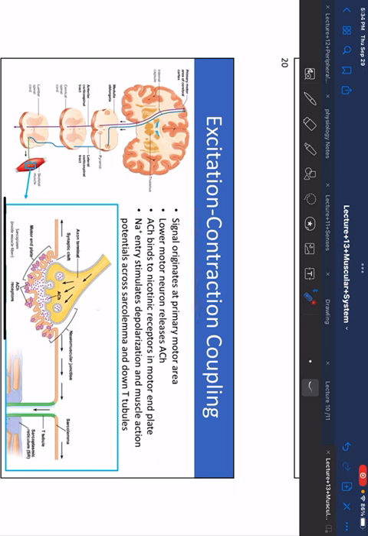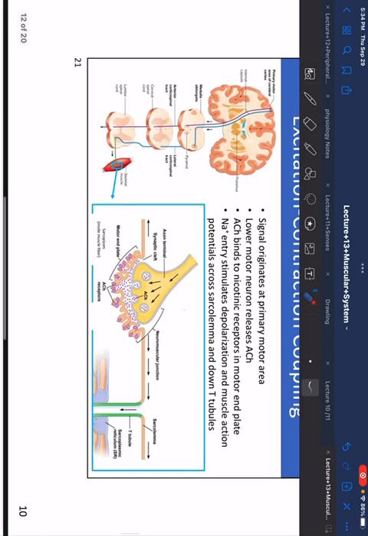So this combines the nervous and muscular systems. Where do we initiate muscle contraction? What part of our brain? Or let's start at what lobe of our brain initiates muscle contraction? The frontal lobe. And what's the specific part of the frontal lobe that initiates muscle contraction? The primary motor area. Good.